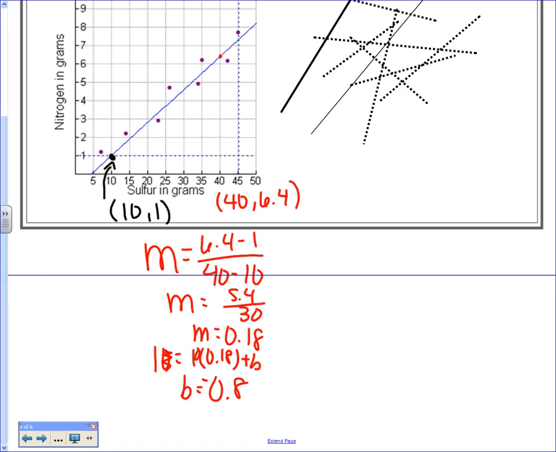What point did you plug in? Okay. Is 0.75 pretty close to 0.8? Yeah. So what would be the equation that you would write?